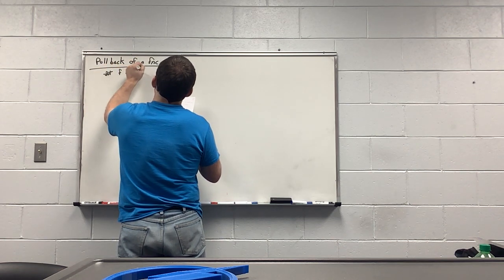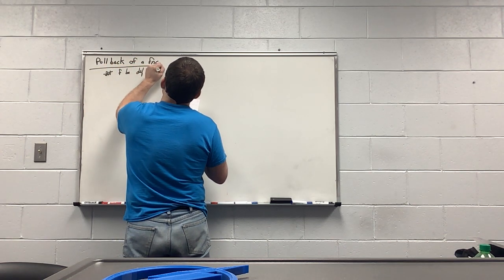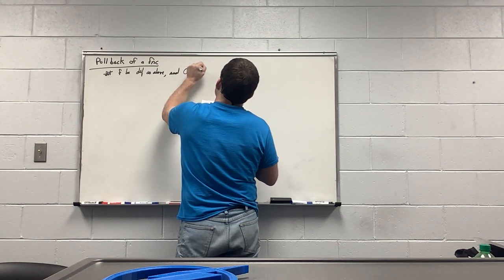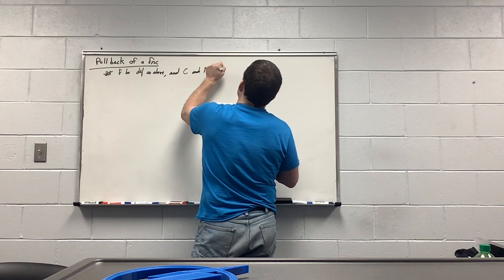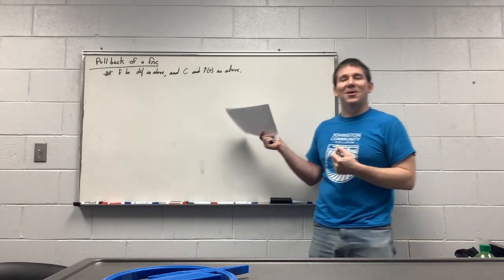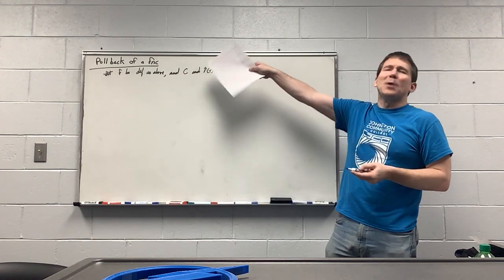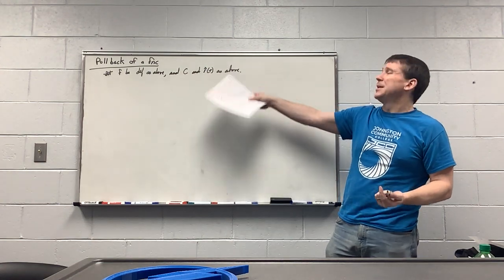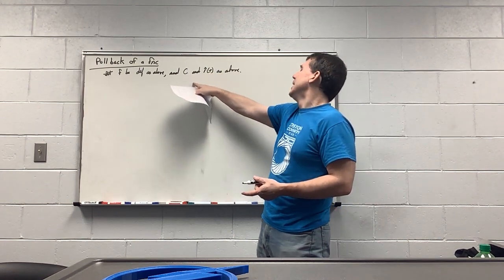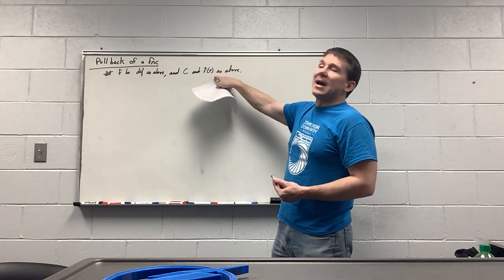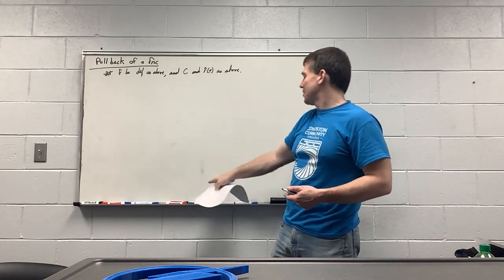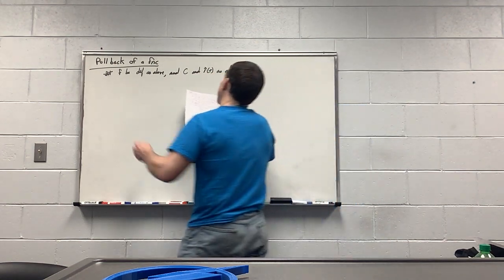Let f be defined as above, and C and R of t as above. I'm writing it that way just because I'm going to get tired of writing out those long definitions as we get in class. So I have a three-variable function defined on a domain D of f. I have a simple, smooth, parametrized curve defined by R of t, and the domain of R of t exists entirely in the domain of f.